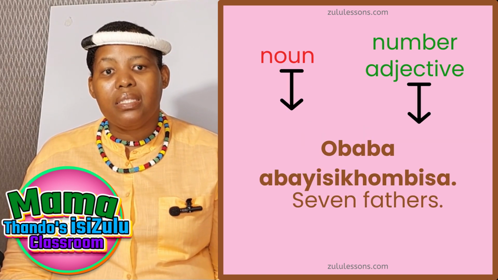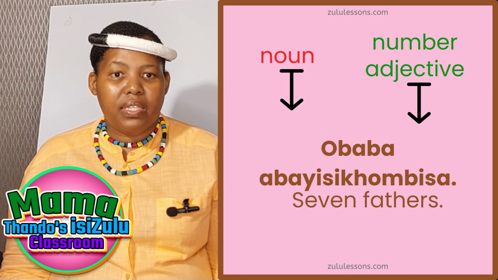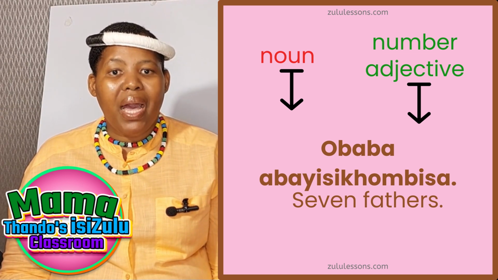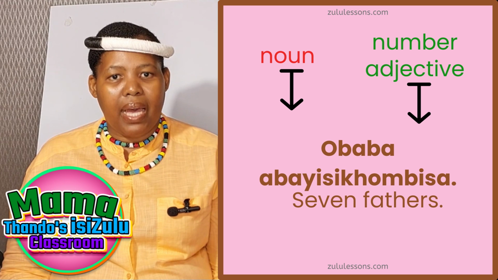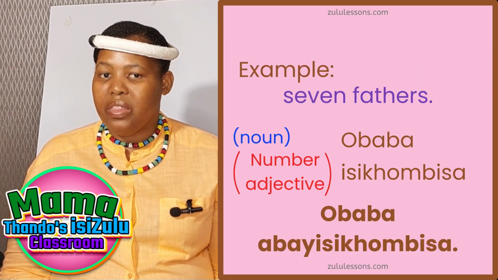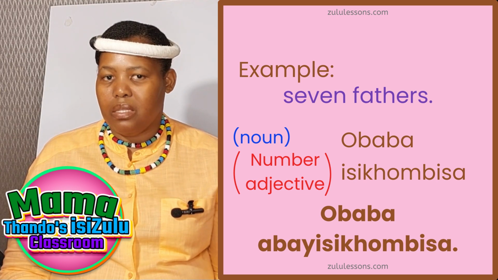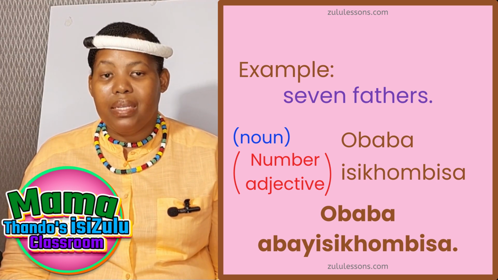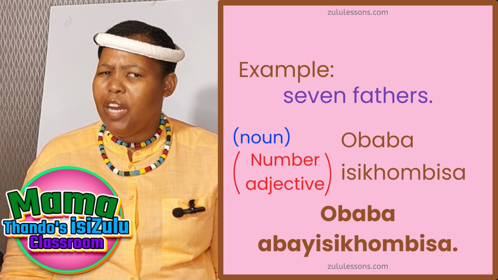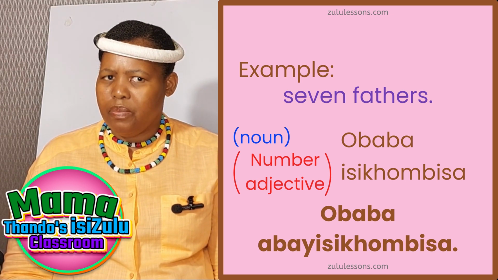To say 7 fathers in isiZulu, we would say obaba abayisikhombisa. The word obaba is fathers or dads. And then the number isikhombisa is there, but it comes after a prefix.